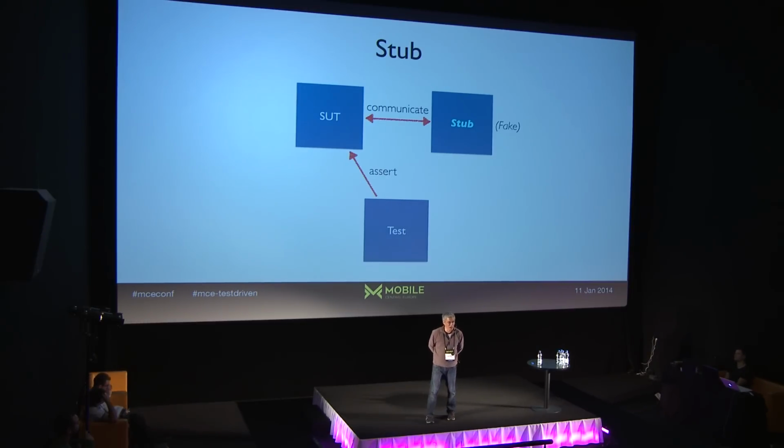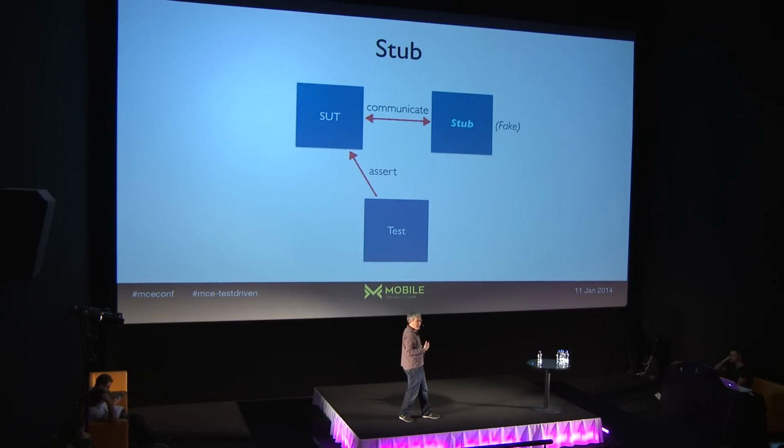Stubs and mocks. So a stub is when the SUT is calling out to its fake dependency and probably getting a pre-canned result, right? I call this, and out comes the pre-prepared meal, and that changes the state of the SUT in some way.